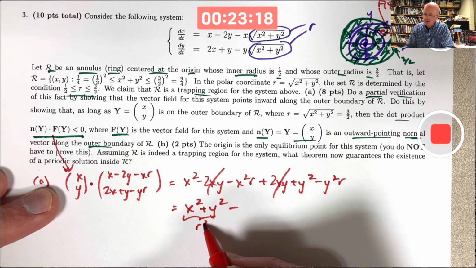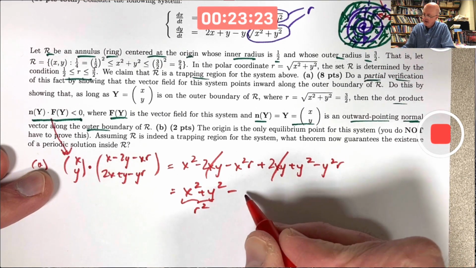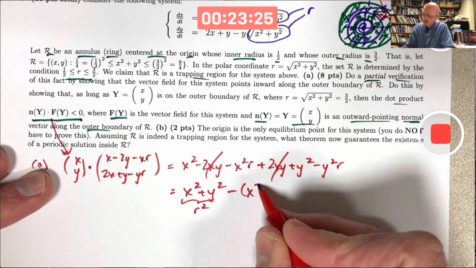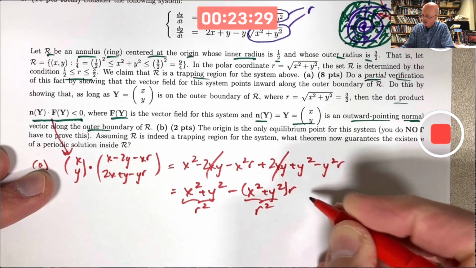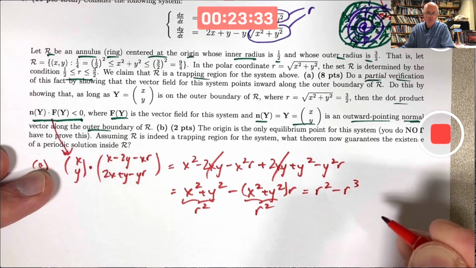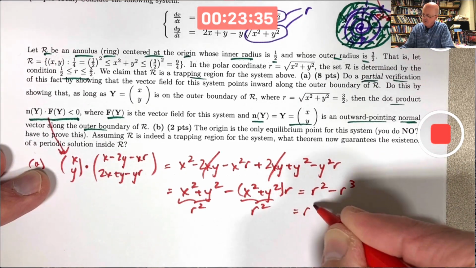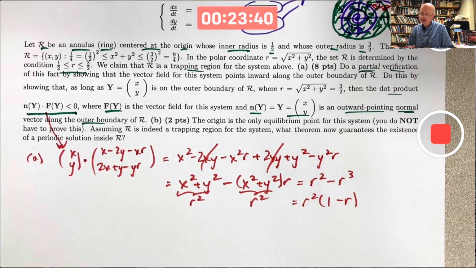That's the same as r squared. And with the other two terms, I can write minus, in parentheses, x squared plus y squared times r. That's the same as r squared as well. So this becomes r squared minus r cubed in the polar coordinate r, which is also r squared times, in parentheses, 1 minus r. And now you just need to do a little explanation.